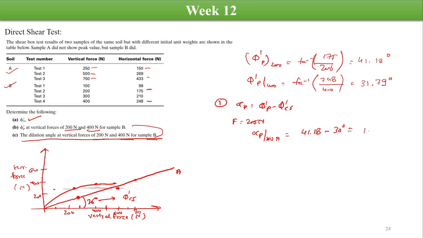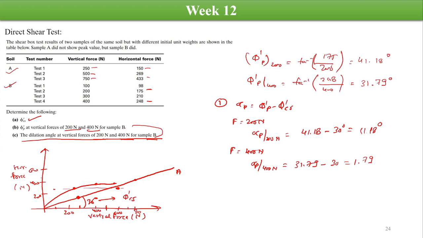So it will give you 11.18 degrees. Similarly, for 400 Newton force, alpha P at 400 Newton is going to be 31.79 minus 30, so it's going to be 1.79.